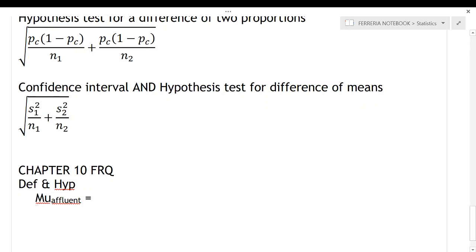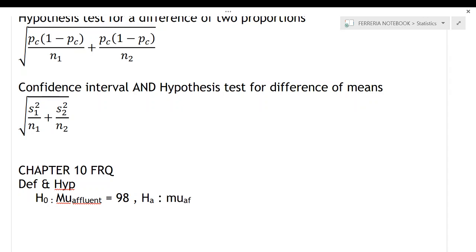Null hypothesis: mu affluent is equal to 98, because we want to show that it's more than the national average. So mu affluent is 98 as opposed to greater than 98 in this case.